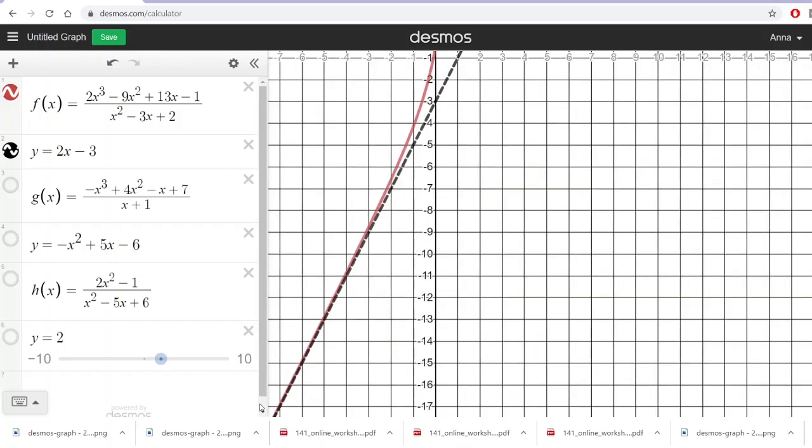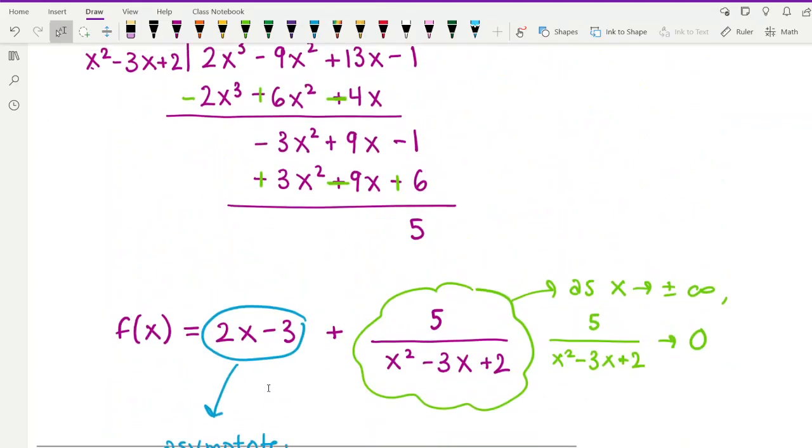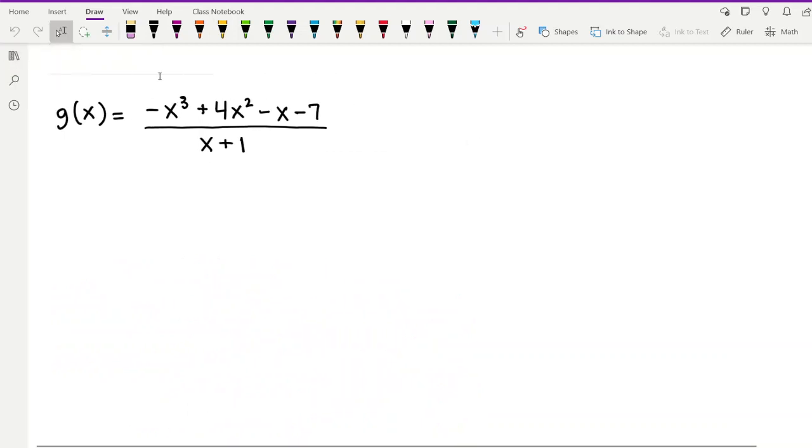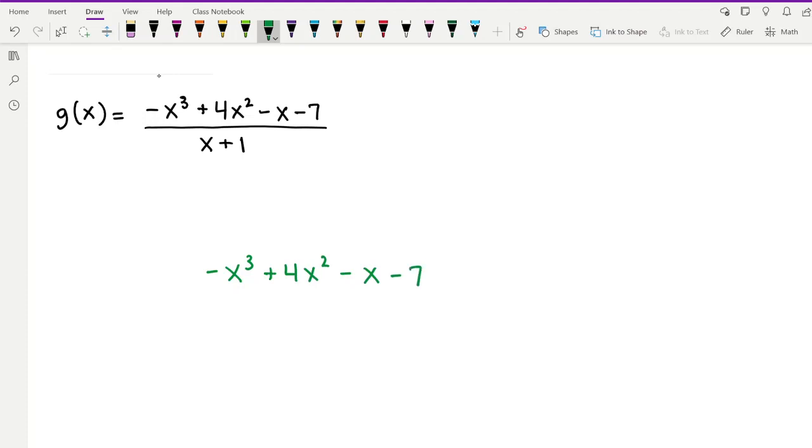Then the same thing happens in this direction. Okay, so let's do the same thing to figure out what the quadratic or parabolic asymptote was in this example. We want to take negative x cubed plus 4x squared minus x minus 7 and divide it by x plus 1.